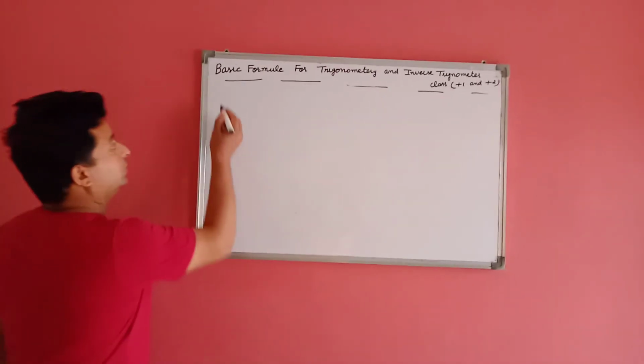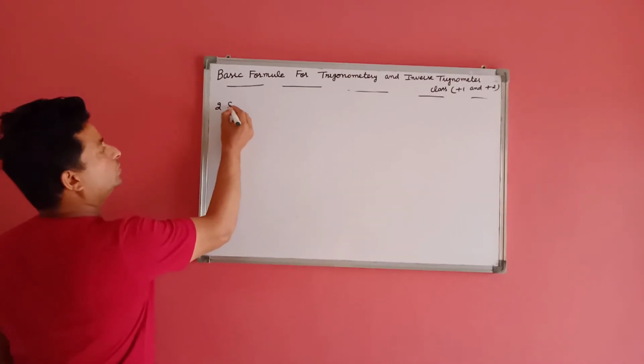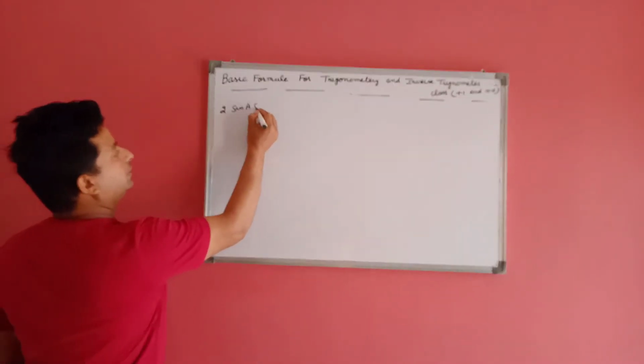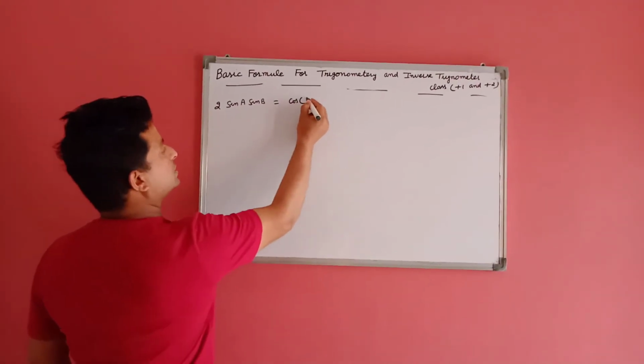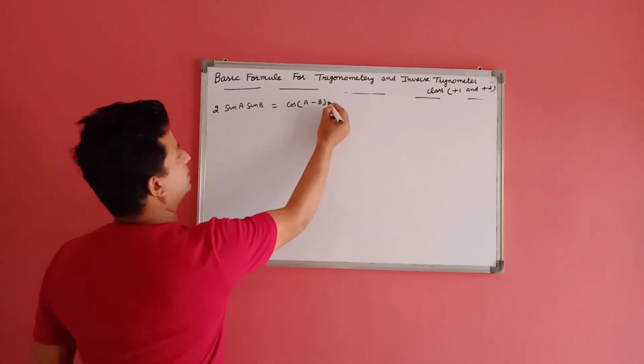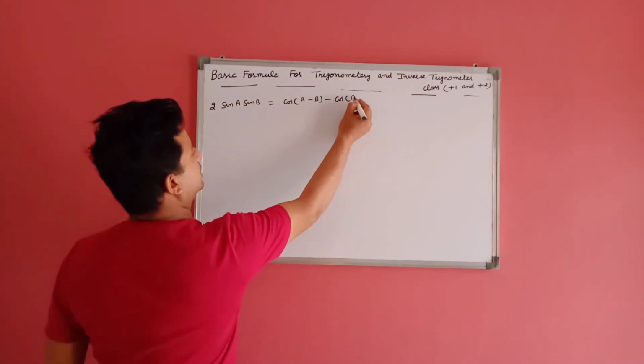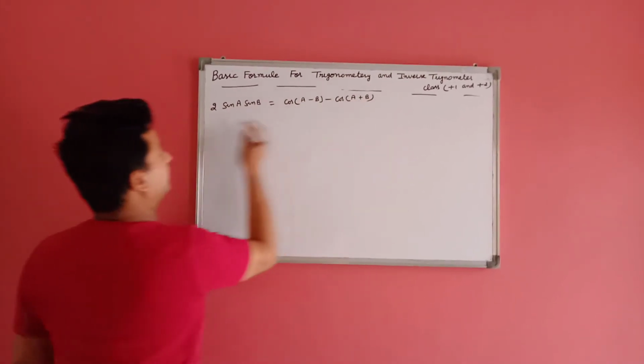The next formula is 2 sin A sin B, which is equal to cos(A-B) minus cos(A+B).